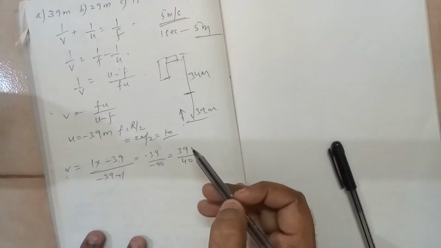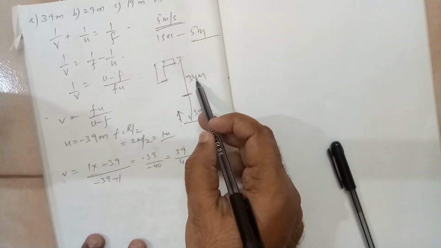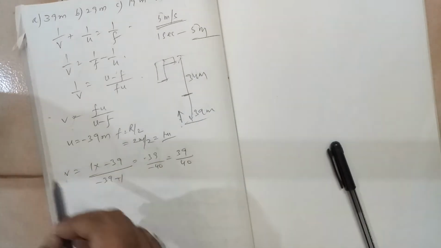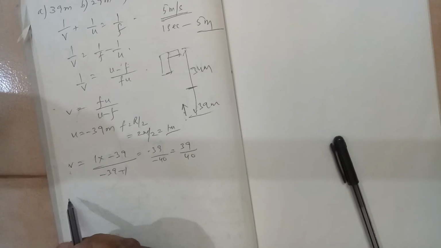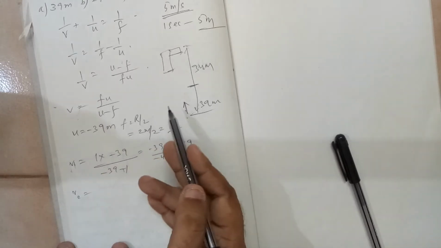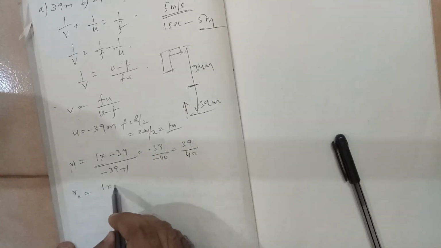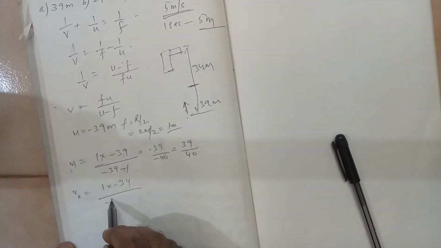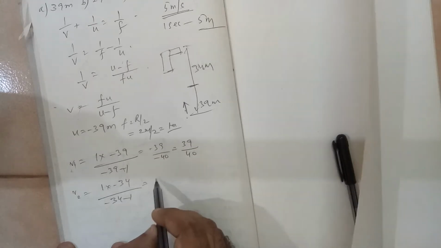Okay. So after 1 second, this fellow is at 34 meters. So what will be the new image distance? Let us say this is v1, then v2 will be after 1 second. So it will be 1 into minus 34 divided by minus 34 minus 1.